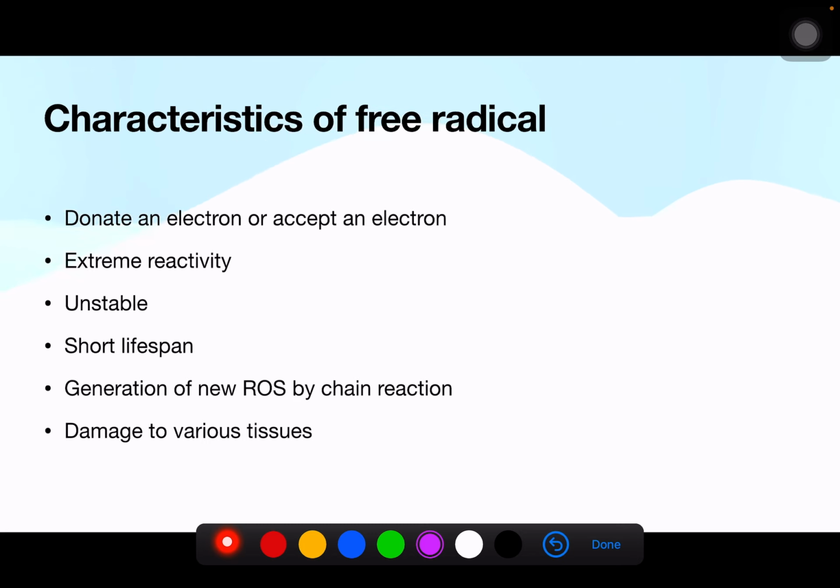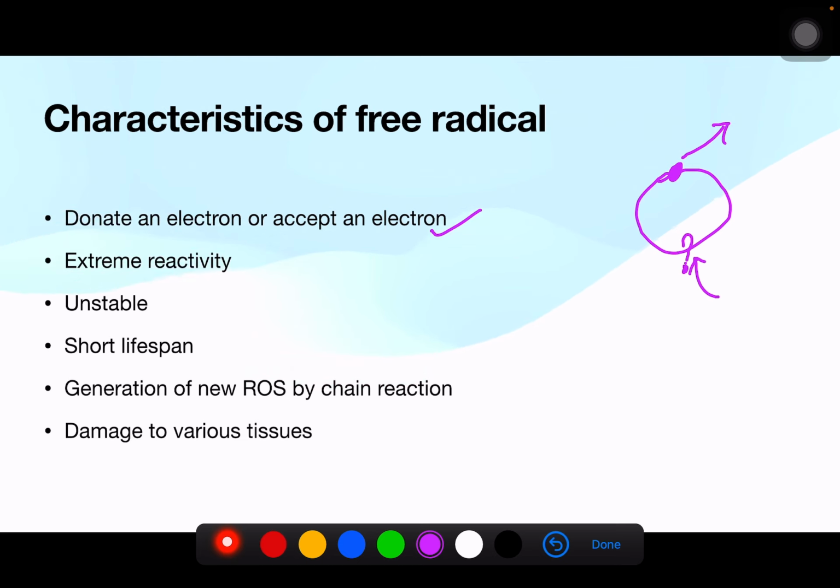Now what are the different characteristics of free radicals? One is they donate an electron or accept an electron. Because it has an unpaired electron in its outer orbital, it will always be in a state of borrowing an electron from any other atom or molecule, or it will donate an electron to some other radical.